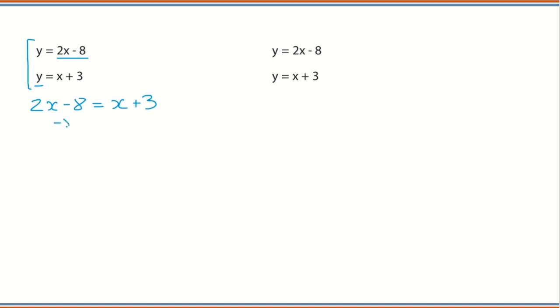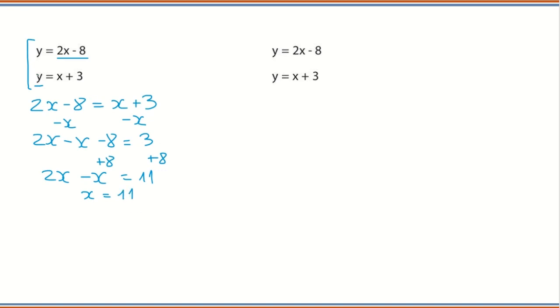If I minus x both parts of the equation, here I will have 2x minus x minus 8 equal x minus x, 0 plus 3. Now if I plus 8 both parts of the equation, 2x minus x, this is 0, equal 8 plus 3, which is 11. 2x minus x is x, and this is 11.